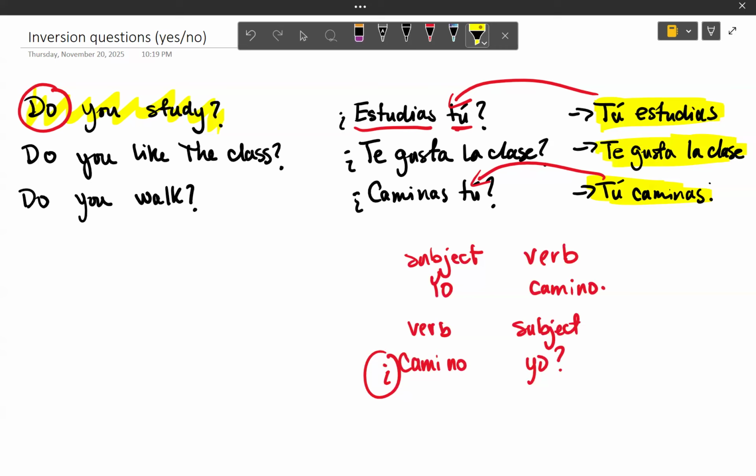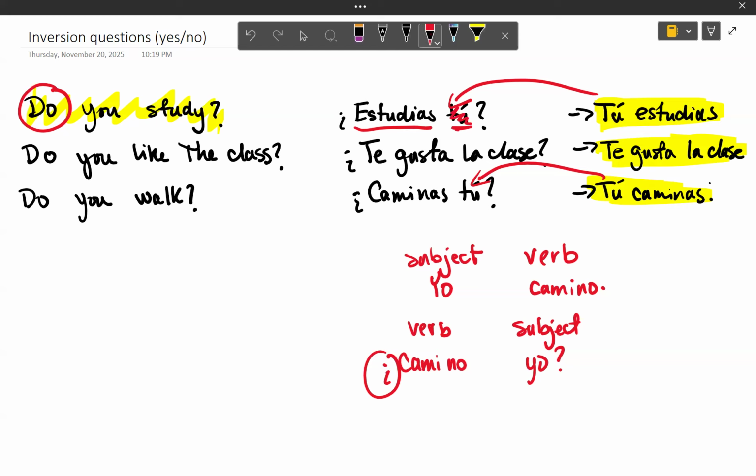One other thing I was going to mention, oftentimes in Spanish, because every verb conjugation is different, yo estudio, tú estudias, ella estudia, etc., we don't actually need to include the pronoun because it's already clear who we're talking about. So, for example, if I were to say estudio, that has to be the yo form because that's the only one that's conjugated like that. So we don't need to include the yo in Spanish.